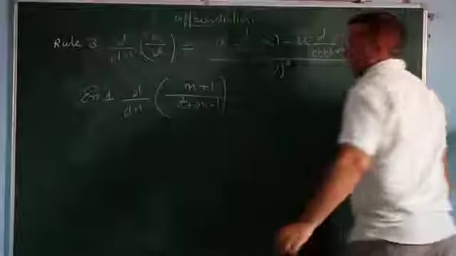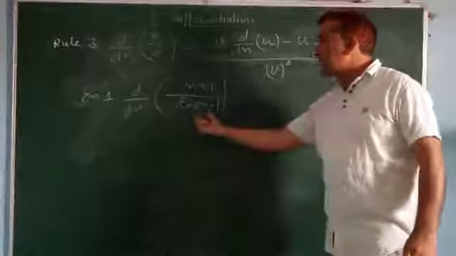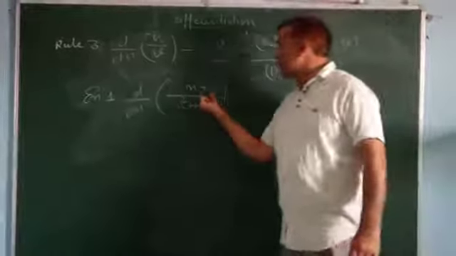That is equal to, in quotient rule, denominator as it is. Here the denominator is x square plus 2x minus 1 and the numerator is x plus 1.